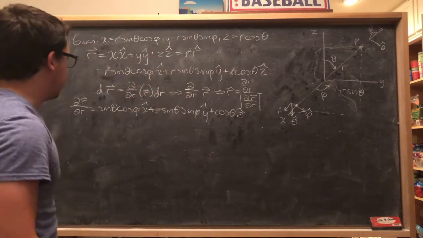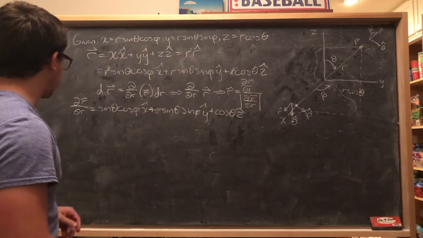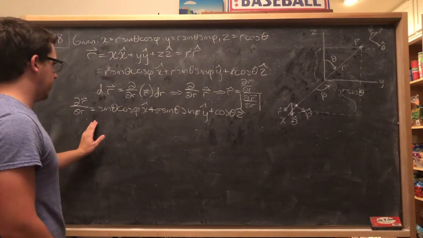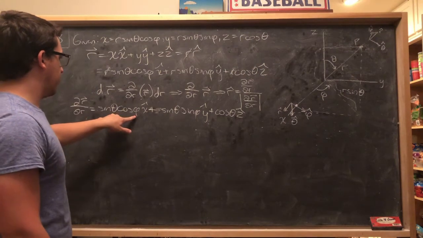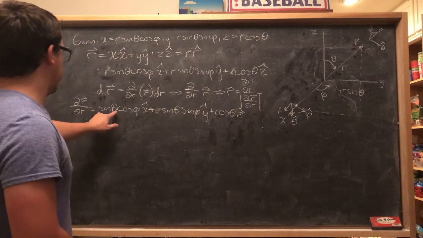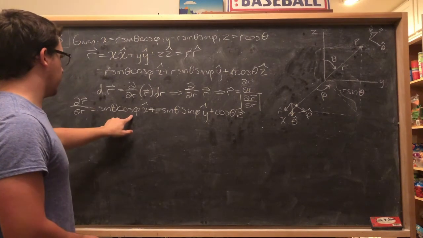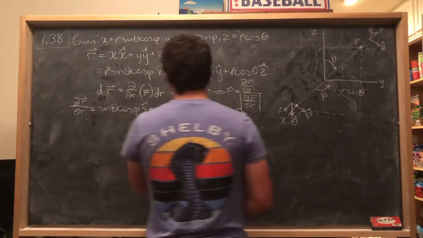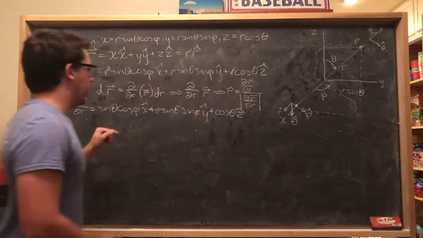And then the magnitude of this would of course just be the square root of the sum of each of these terms squared. So for example, we would have sine squared theta cosine squared phi plus sine squared theta sine squared phi.